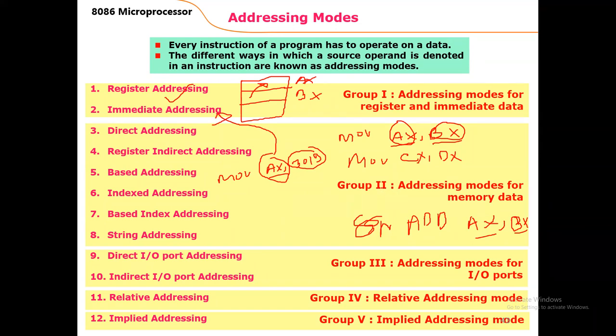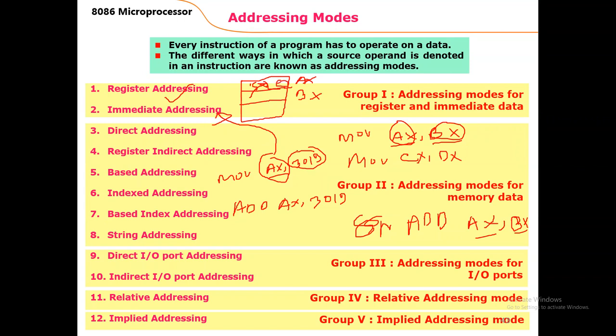Okay. And suppose ADD AX, 3019. This means 3019 is added to the AX register. Suppose the AX register data is 1520.